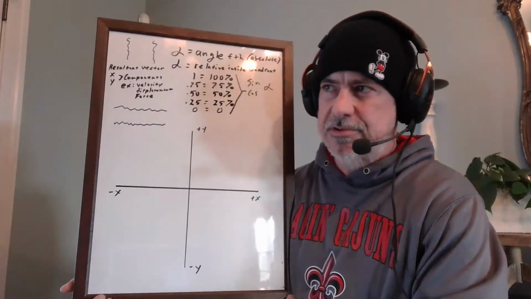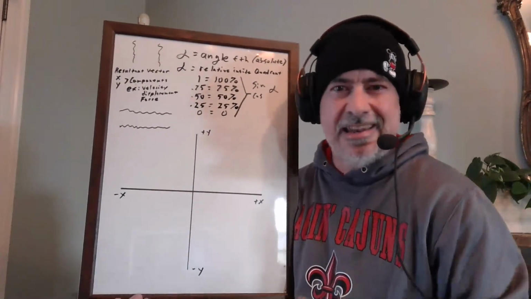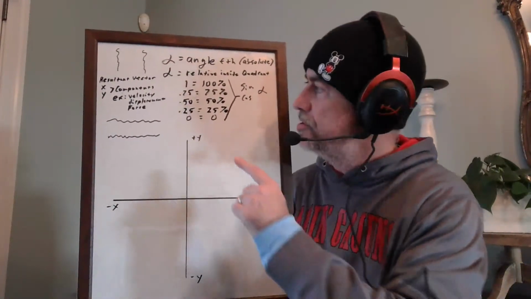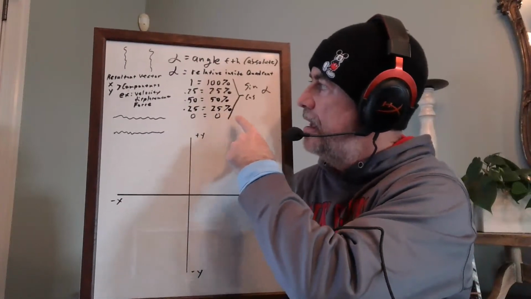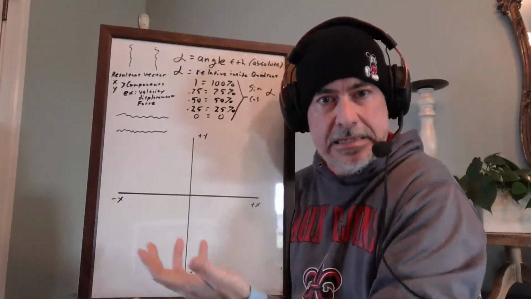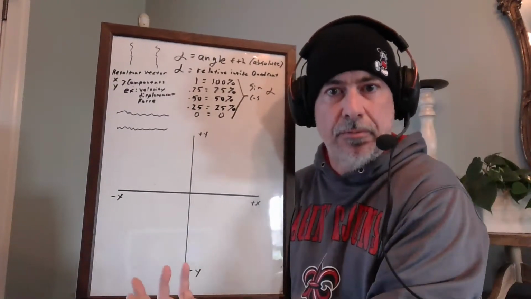So don't overthink sine and cosine. They had to name it something, but these functions are just means of getting how much of that resultant, in terms of a percent, is at a given angle.